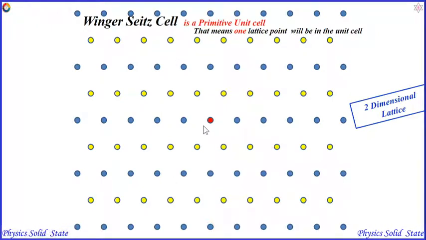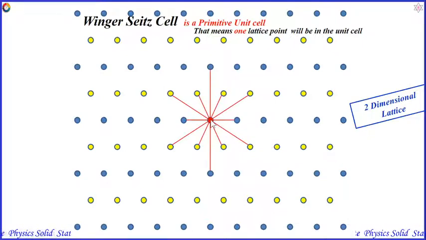The same procedure: we consider an arbitrary point and join this lattice point to its nearby lattice points, like this. So this arbitrary point is joined to the nearby lattice points, like this. So after joining, we have to draw the corresponding normals.